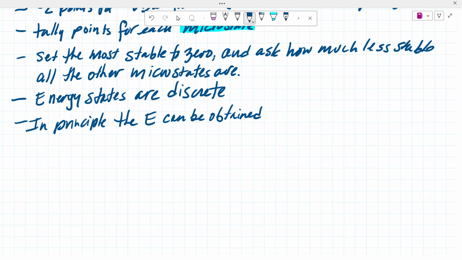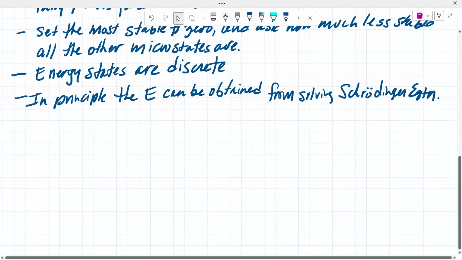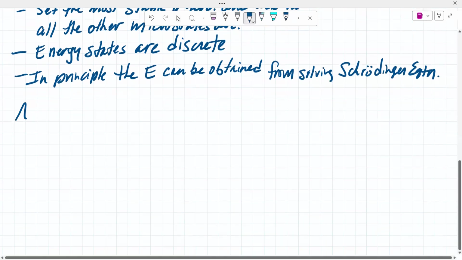But we saw how complicated the Schrodinger equation already got, even in systems that were pretty simple. That's why we don't necessarily solve things that way. All right, so next we're going to draw the potential energy diagram.